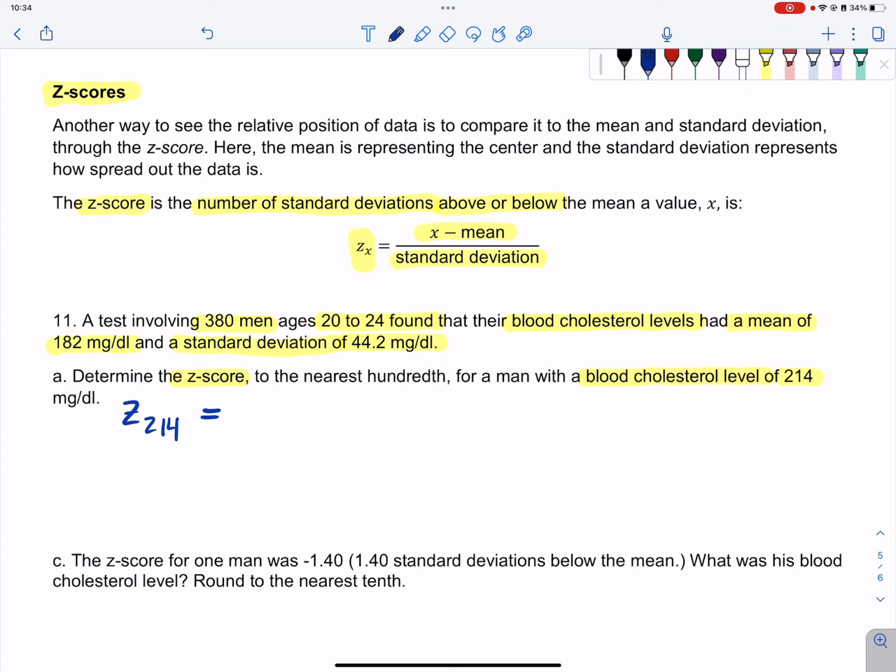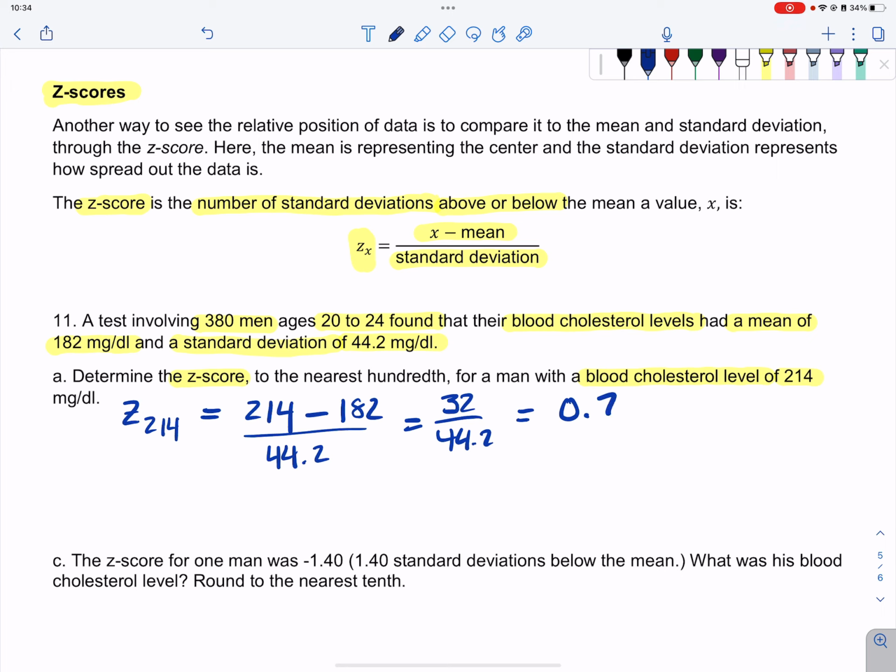That's going to be equal to this data value 214 minus our mean, which is 182, and then divide that by our standard deviation of 44.2. So if we simplify this, this gives us 32 over 44.2, and that we can simplify to be about 0.72.